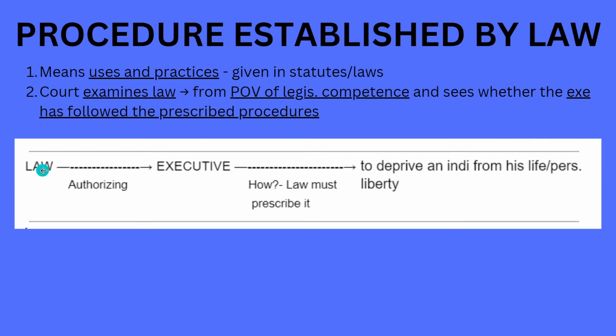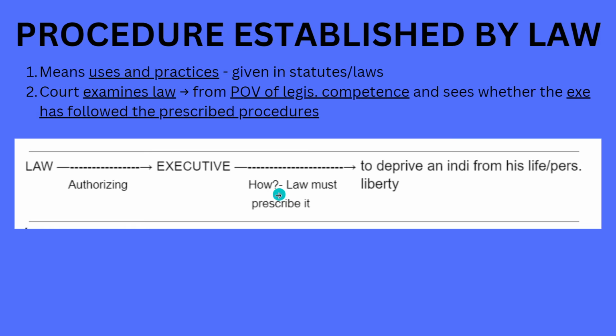As soon as a law is made, it will authorize the executive to deprive an individual of his life or personal liberty. But how? How will be answered by the law. The law must prescribe the procedure by which the executive will deprive an individual of his life or personal liberty. So what will the court check here?